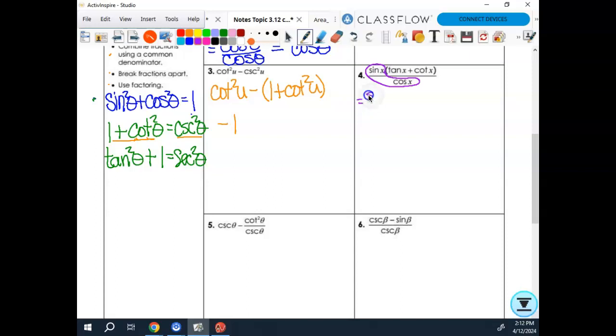So if I rewrite this as sine of x over cosine x times tangent x plus cotangent x, would you agree that if I multiply it back together, I get the exact same thing I have above? Okay? So that gives me sine over cosine, which does give me tangent.